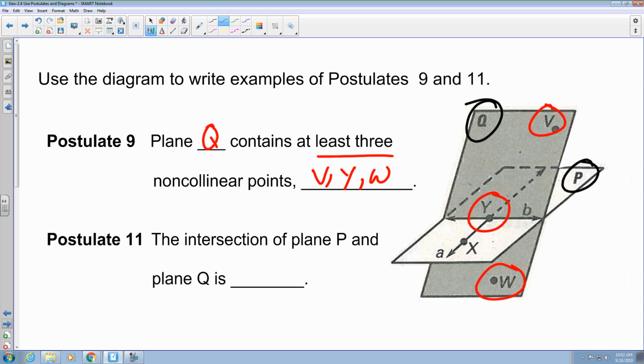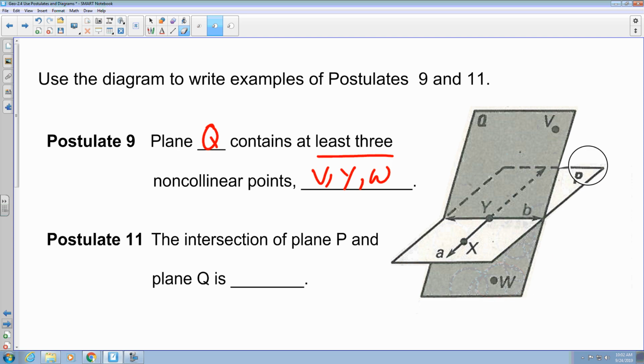With 11, two planes intersect, their intersection is a line. That's the definition that was on the first page. Looking at those two intersecting planes, they intersect right here, and the only name here is line B. So line B is what intersects plane P and plane Q.